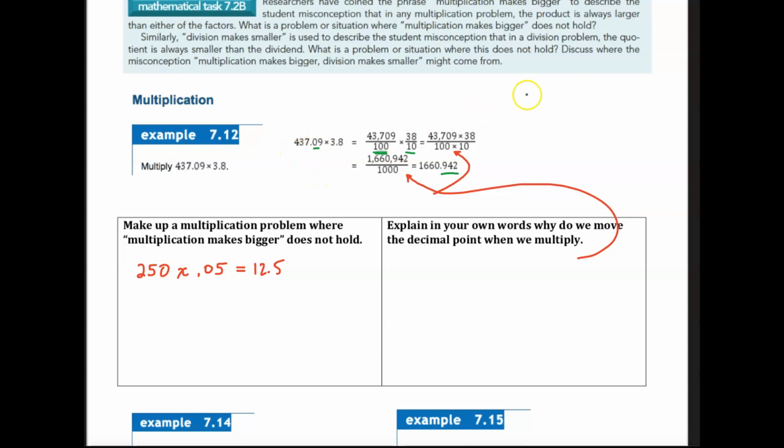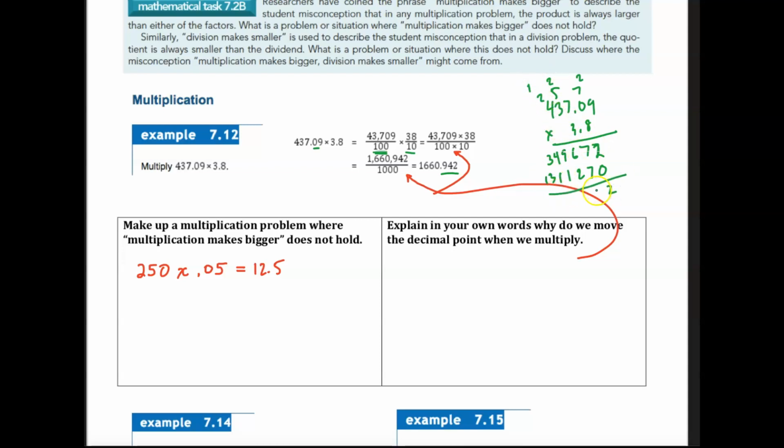You would say 437.09 multiplied by 3.8, and you just multiply like there was no decimal. 8 times 9 is 72, put the 2, carry the 7. 8 times 0 is 0, plus 7 is 7. 8 times 7 is 56, 8 times 3 is 24, plus 5 is 29, put the 9, carry the 2. 8 times 4 is 32 plus 2 is 34.